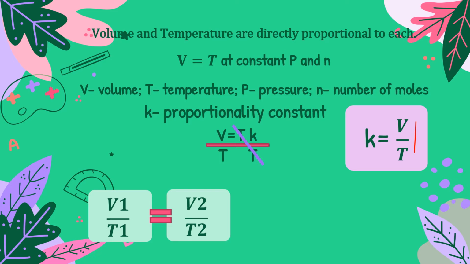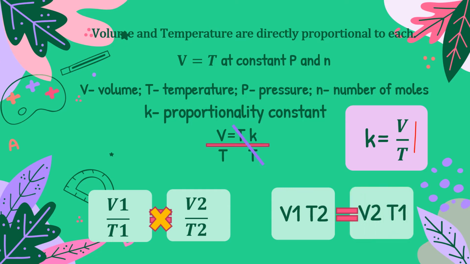So the relationship between volume and temperature is still the same, although there is a change between them. Now, to get the equation if one quantity is unknown in a given word problem, we need to cross multiply the equation to give us this one. So initial volume and final temperature is always equal to the product of the final volume and initial temperature.